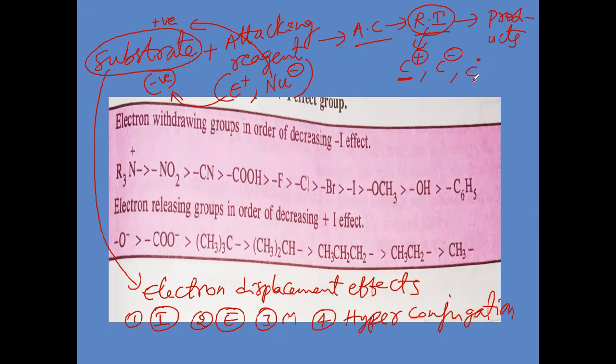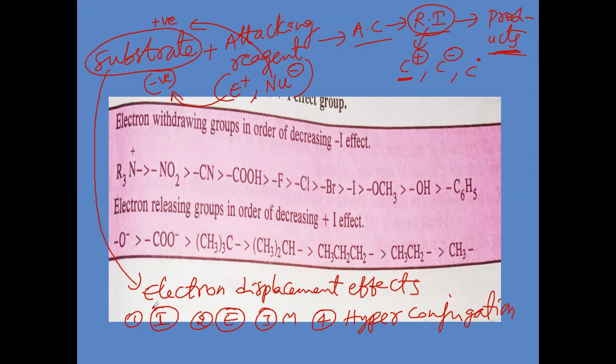If a free radical is produced, that is called free radical mechanism. So different types of reaction intermediates will be there: carbocations, carbanions, carbon free radicals. Finally, these reaction intermediates will interact with each other to form products. So this is organic reaction mechanism.